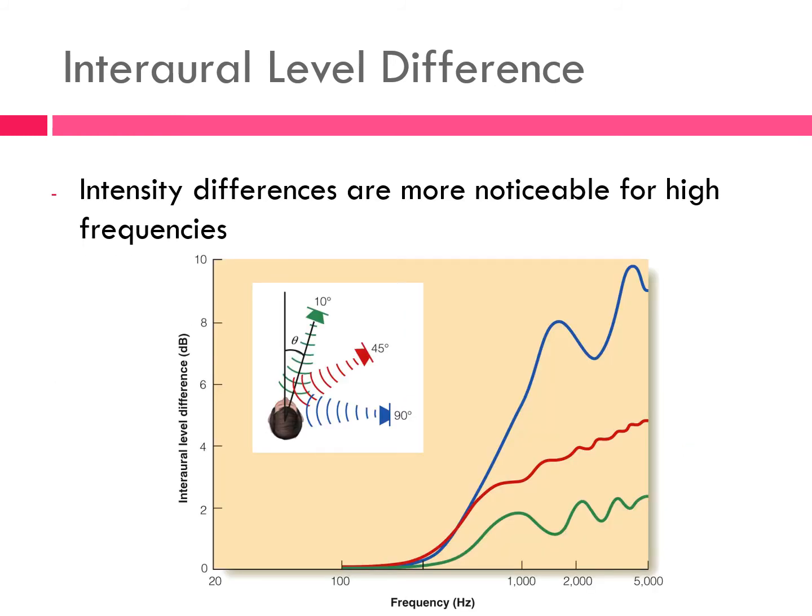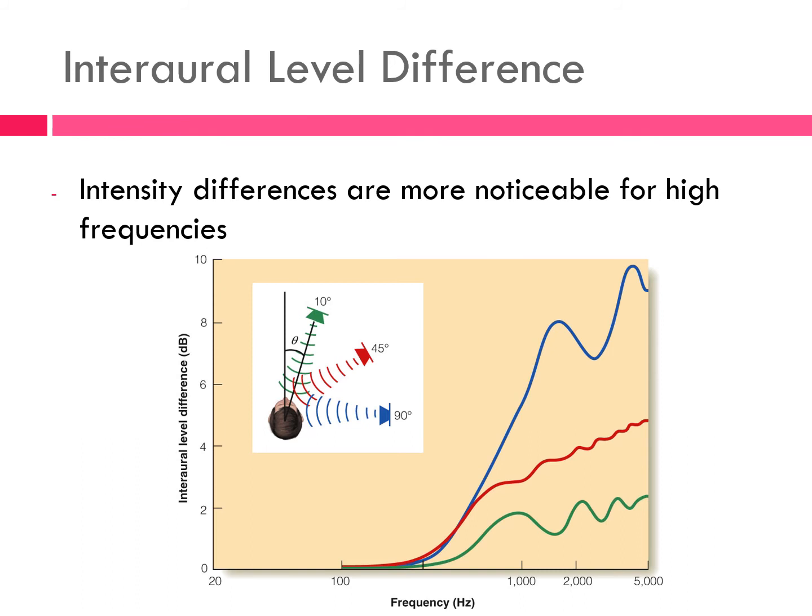And here's another graphic that shows how those intensity differences are more noticeable for the higher frequencies. As you remember, that low A on the piano is 27.5. We hear down to 20 hertz, but up until almost 500 hertz, the intensity differences aren't making a large difference.